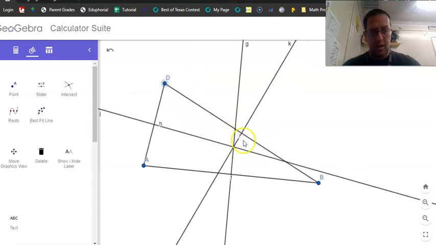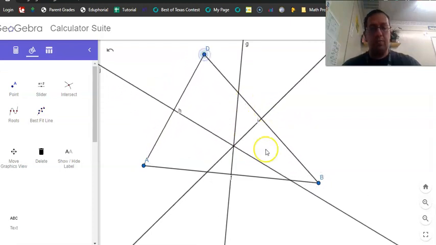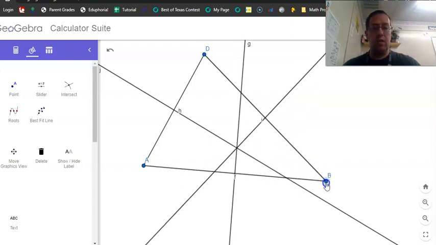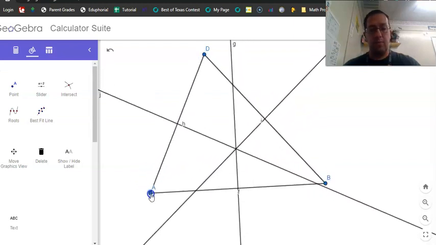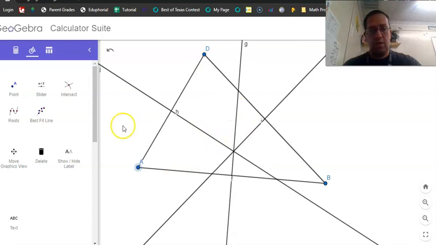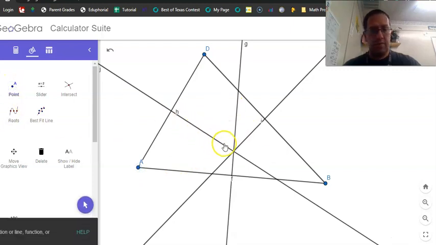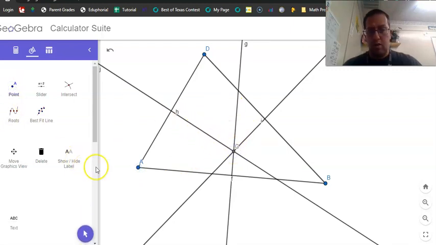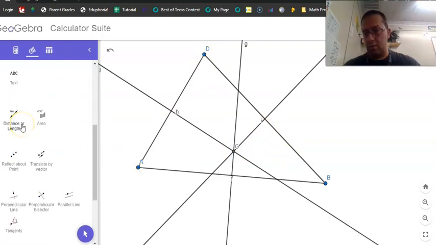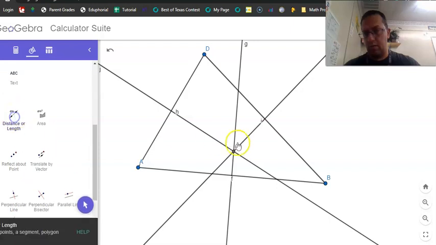Notice it's a lot closer to side DB than it is to side DA. But we said the perpendicular bisector was equidistant from the endpoints of the segment. Well, in this case, the endpoints of the segment are the vertices of our triangle. So let's come down here, and where's my distance? There we go.